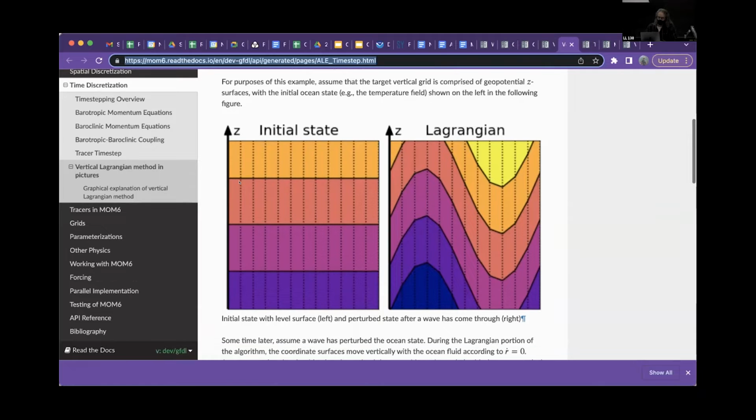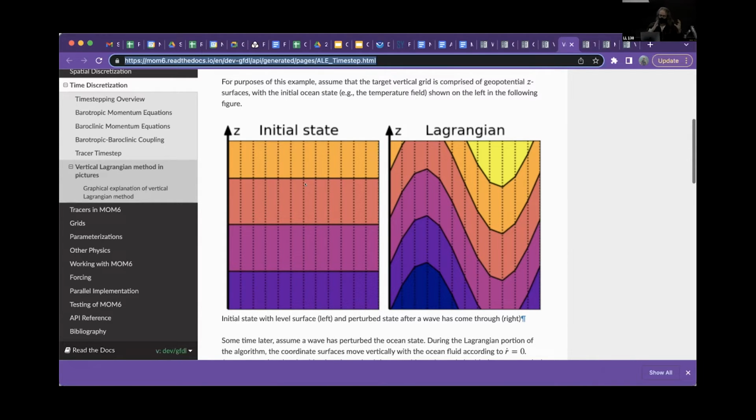So consider a state of the ocean, vertical Z, horizontal in the X direction, Y direction, what have you. The colors here represent, say, a temperature field or a density field. The dotted lines are the horizontal positions, constant X, and the horizontal solid lines are the constant Z surfaces, for example, constant vertical coordinate.